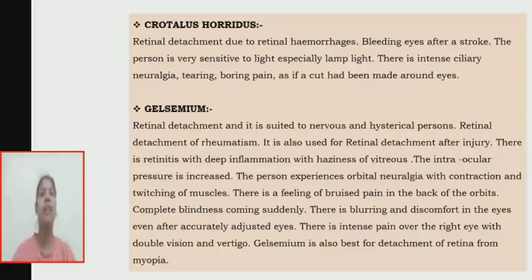There is a feeling of bruises, pain in the back of the orbits, complete blindness coming suddenly. There is blurring and discomfort in the eyes even after accurately adjusted glasses. There is intense pain over the right eye with double vision and vertigo. Gelsemium is also best for detachment of the retina from myopia.